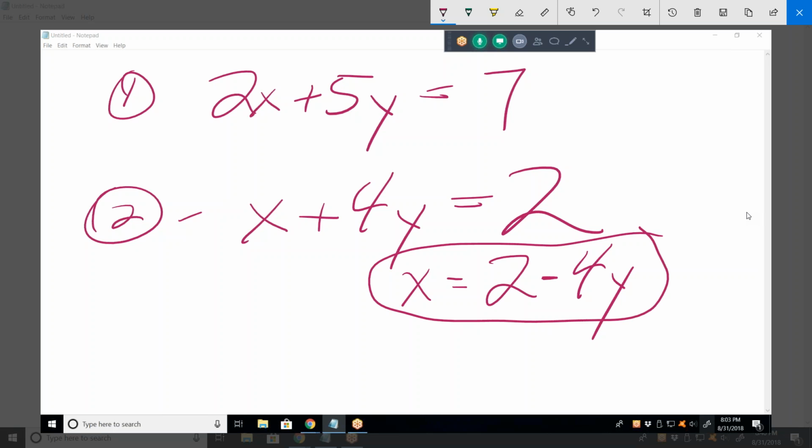And I've solved this for x. It's the easiest one to solve for, okay? I could have solved for y, but then I would have had to subtract x and divide both sides by 4. Would have been an additional step. So I've put one of the equations in not quite slope-intercept form, but close enough. I don't need it in slope-intercept form. I just need one variable solved, and I've done that. So what's the next step?